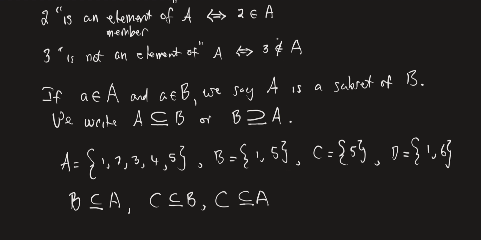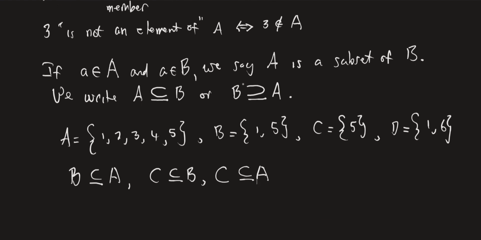Well, we use the same convention here as when we want to negate a statement. And negating a statement is just saying not of that statement. We just put a slash through it.